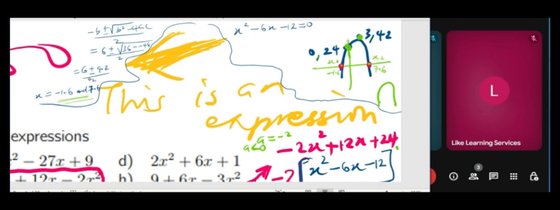So the full sketch will include the roots where the curve will pass the x-axis, the intercept 0, 24. Remember how we got the intercept from the original equation, this is the value of c from the original equation, and then the turning point, which we got earlier, which is the vertex where x is equal to 3 and y equal to 42.